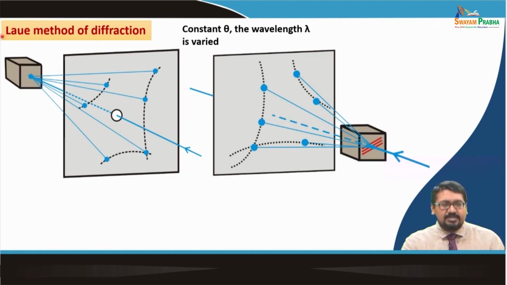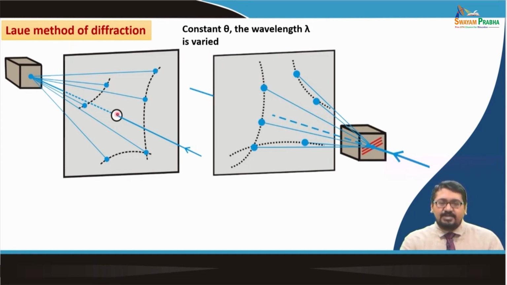So, let us start. What is the Laue method of diffraction? When X-rays were initially invented, there were continuous X-rays, and then with further invention, monochromatic X-rays were found out.